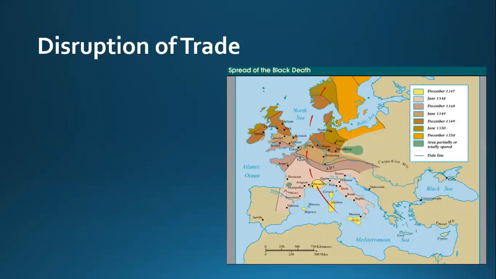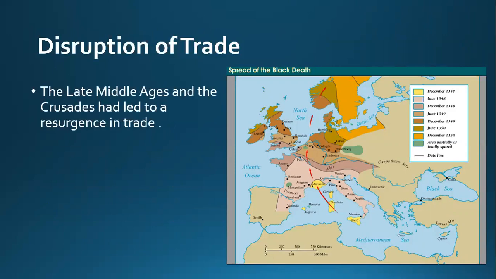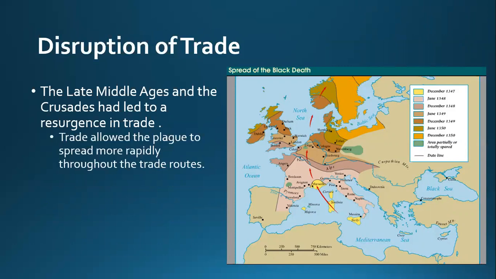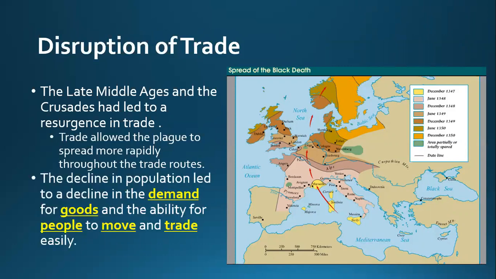Trade is going to be disrupted big time, right? The Crusades led to trade happening, but with the decline in population once the plague comes in, 100 years or so later, like 150 years basically, fewer people means there's less demand for goods, and there's less people to go around and do the trading of said goods.